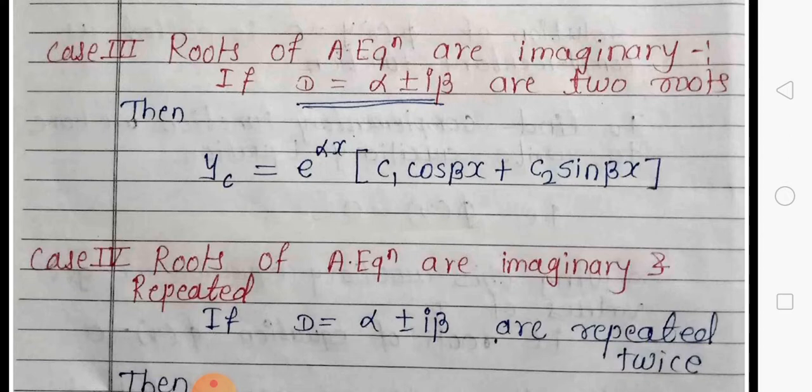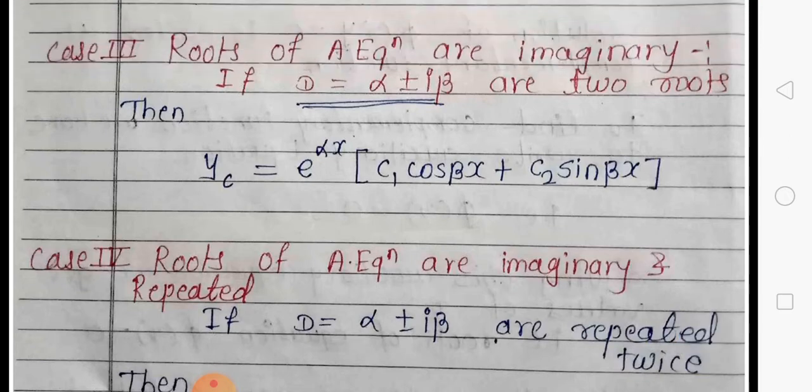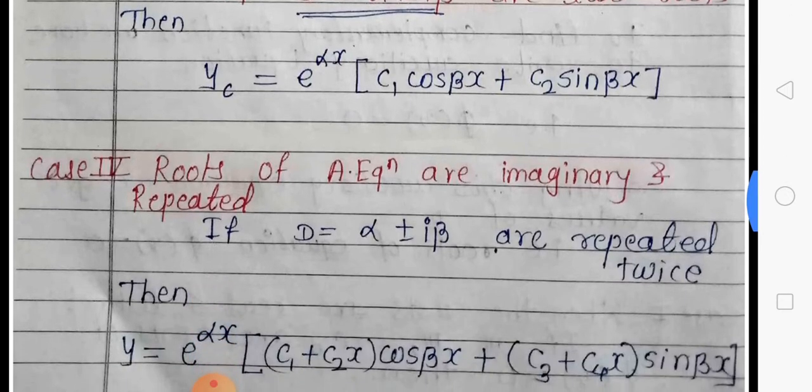Then we write yc is e raised to alpha x in bracket c1 cos beta x plus c2 sin beta x. Remember this e raised to alpha x, here alpha is the real part of the imaginary root and beta is the imaginary part of the root, that is e raised to alpha x in bracket c1 cos beta x plus c2 sin beta x.